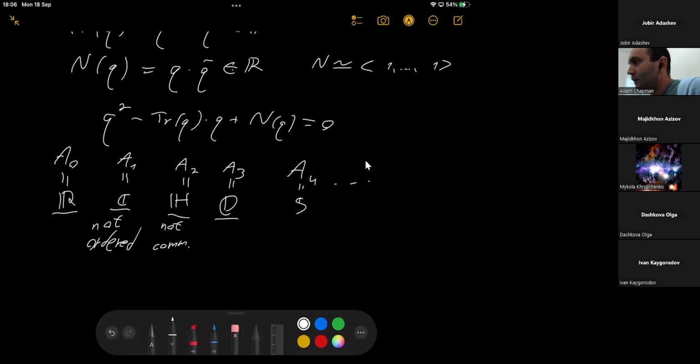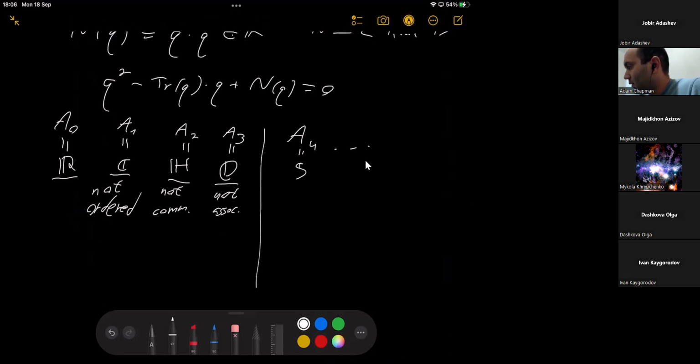Here we lose associativity, so it's not associative anymore, but it's still a composition algebra. What do we mean by a composition algebra? We mean that until at this point, if you take the norm of Q times R, then this is always the norm of Q times the norm of R.